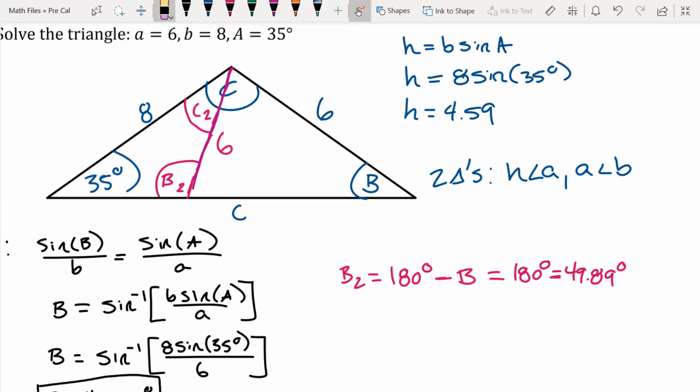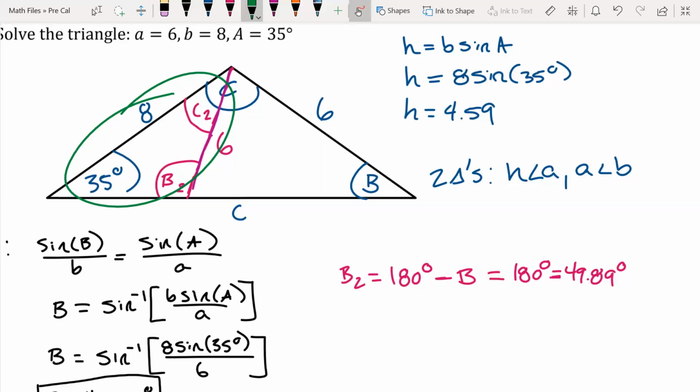Yeah. So to find that, I guess it would make sense. If we're looking at just this triangle, we know one angle is 35 degrees, and the total is going to be 180. So to find B2, you take 180 and subtract the original angle of B. And that's just how it works.